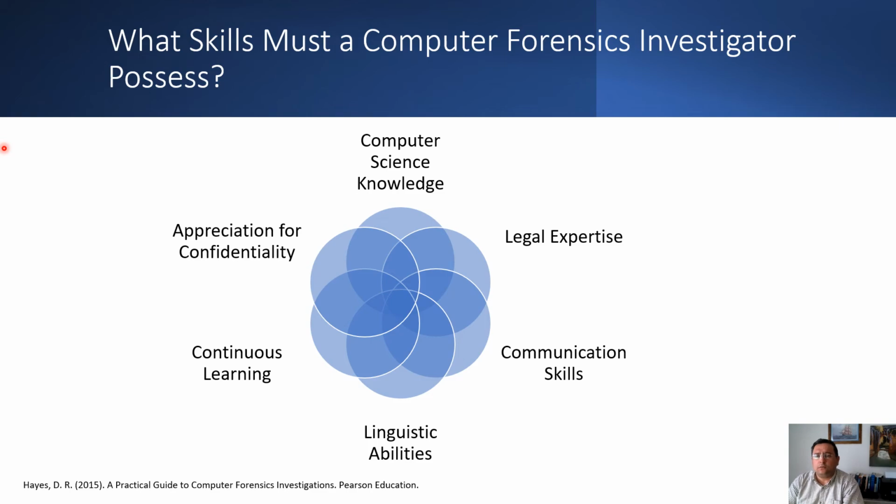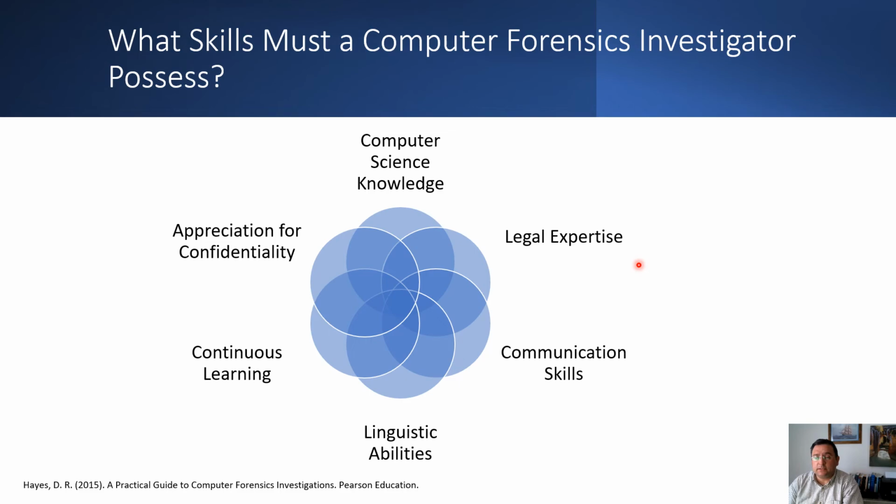And overall, we have gone over a lot of issues, and we need to understand what skills a forensic investigator or examiner should possess. Computer science forensic knowledge is an important aspect of a computer forensic investigator.